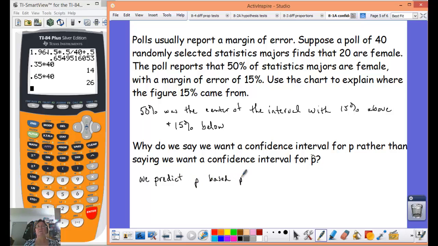That is, we predict about the population proportion based on a sample's proportion, and that's really the heart of inference. Okay? Predicting for the population based on what you get from a sample.